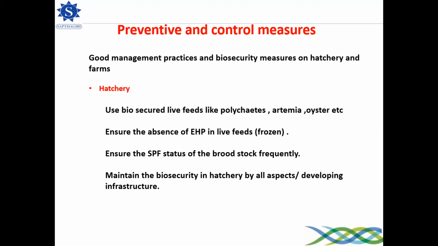It's already known that water is also a contaminant, and through water contamination EHP is entering the system. So we have to improve the infrastructure like water filtration, UV filtration system, ultrafiltration system, like that. It will give much more advantage to get rid of EHP from the system. And hatchery people have to focus on producing live feeds like polychaetes to ensure biosecurity.